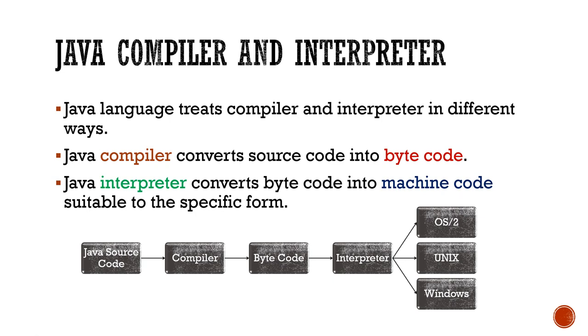Normally in any other language you convert the source code into machine code directly, either through a compiler or an interpreter. Java uses both. First it converts the Java source code into byte code using a compiler, so the byte code becomes common. It can be taken anywhere and interpreted, that is translated into machine code, which can run on any of these platforms, be it OS2, Unix or Windows.